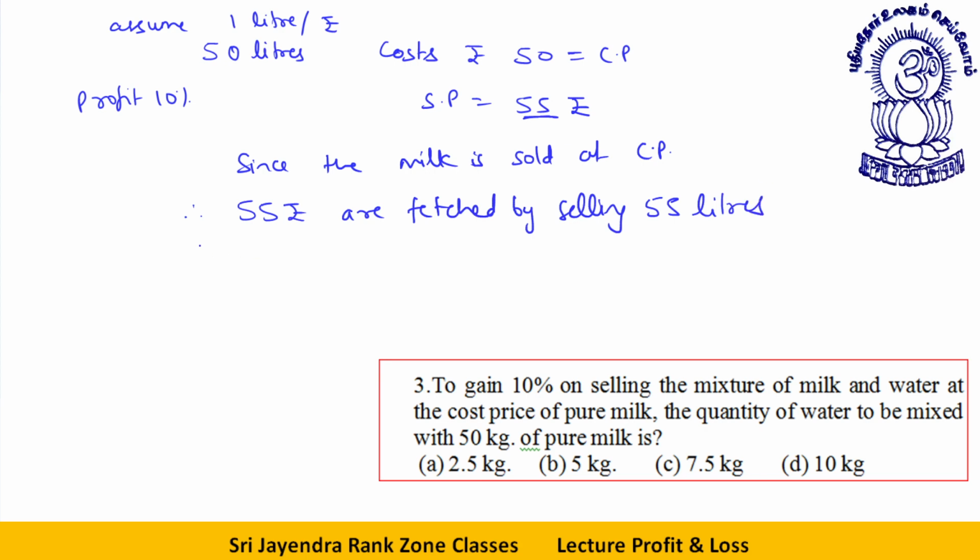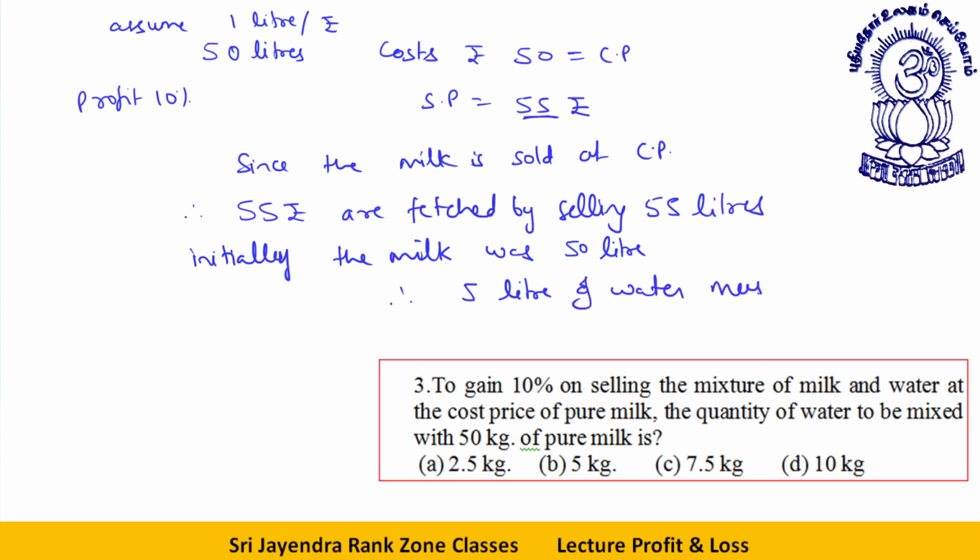Initially, how much was the milk? Initially the milk was 50 liters, therefore 5 liters of water must have been added. Okay, dear students, let's move ahead.